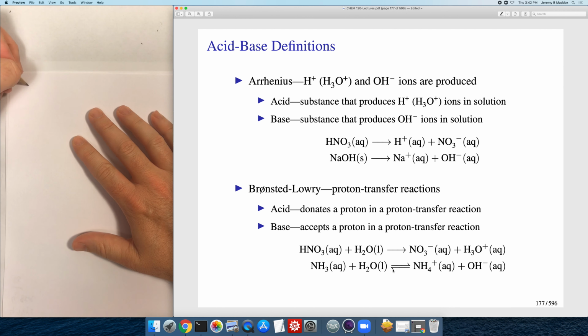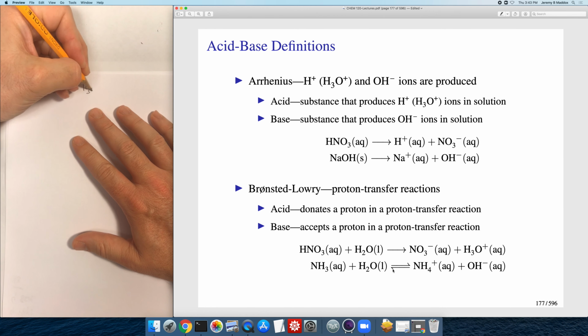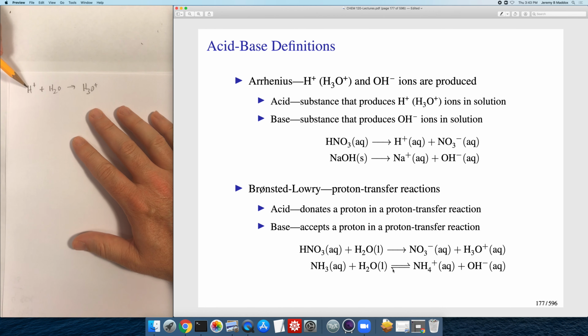Protons, so just a proton with no electrons, is not very stable in aqueous solution. It will always find a water molecule to form hydronium.